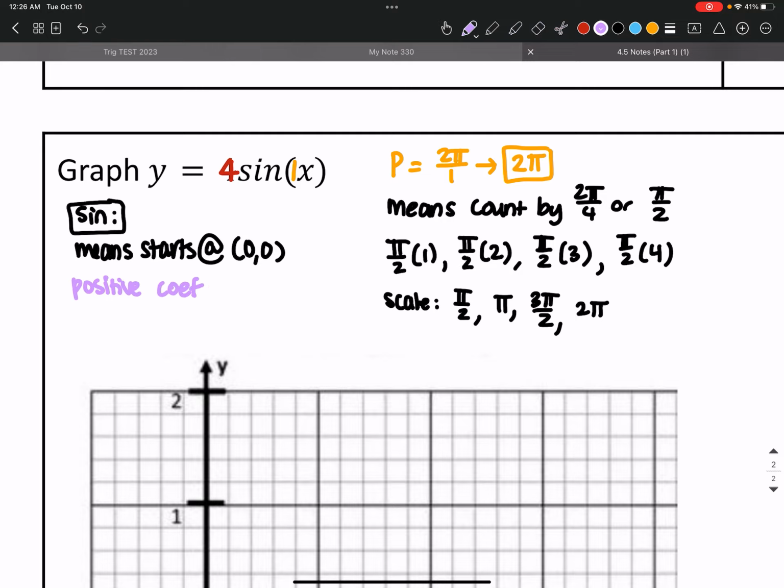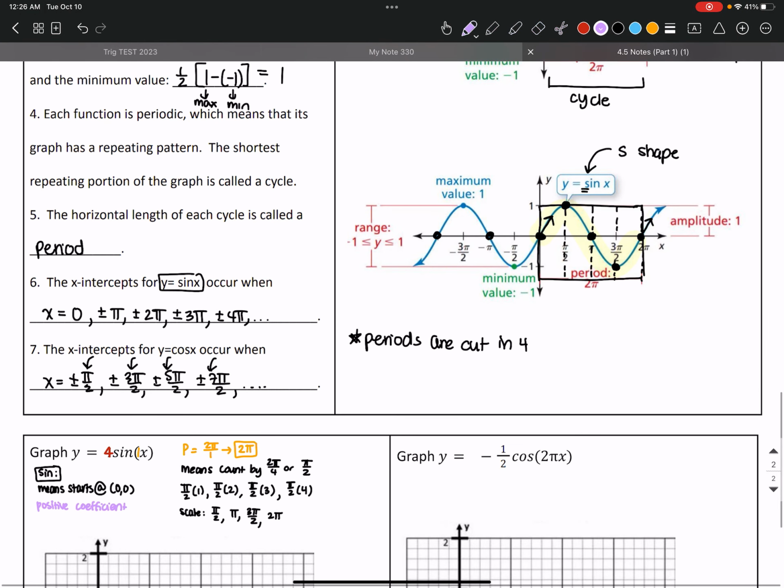So that means that I'm going to do the same thing as I was doing in the parent function, in that I was going up from the origin. If it had a negative in front, we know from Algebra 2 that would flip things upside down, and then I would be going downwards.